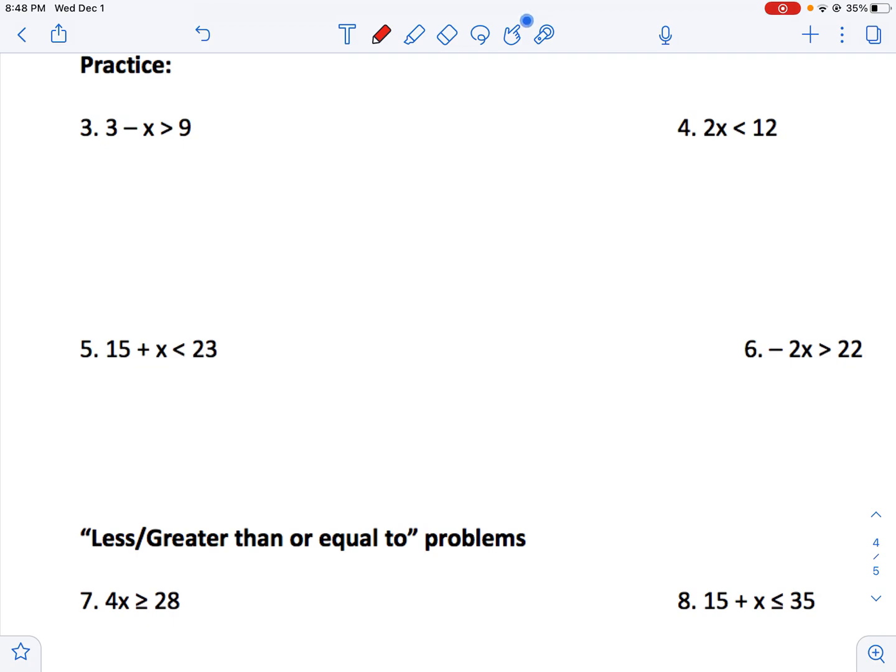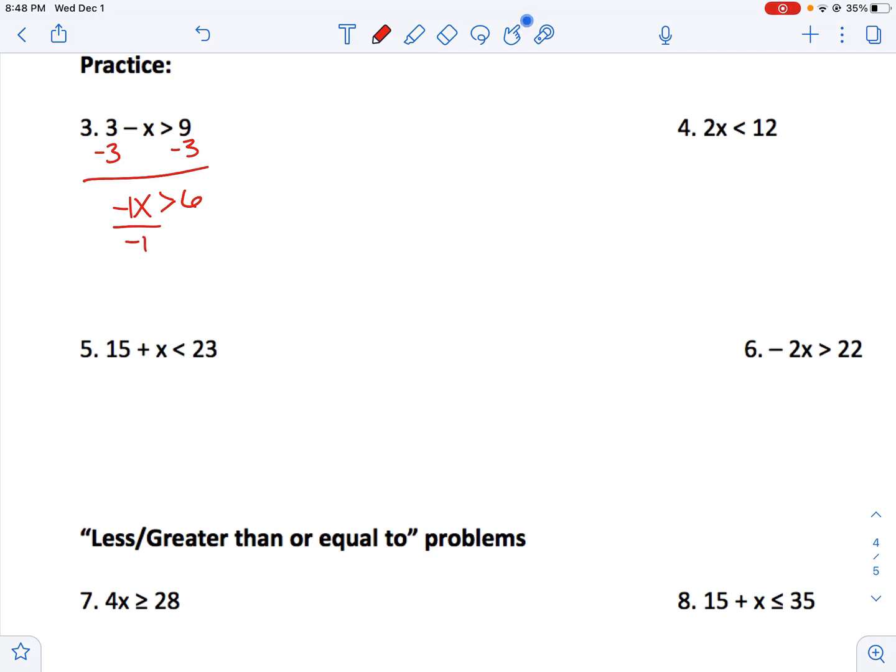If I had 3 minus x is greater than 9, well, what's over here with my negative x that needs to go away? I need to get rid of my 3, so I would subtract 3 from both sides, and I'm left with negative x is greater than 6. But I'm not done because I have that sort of invisible negative 1 out front.